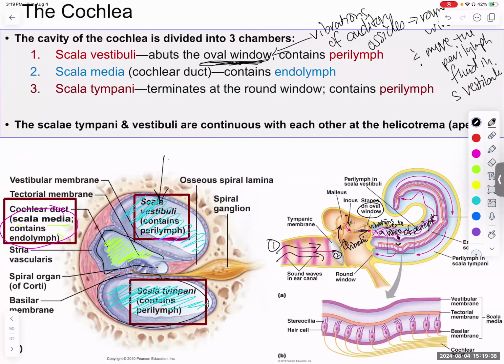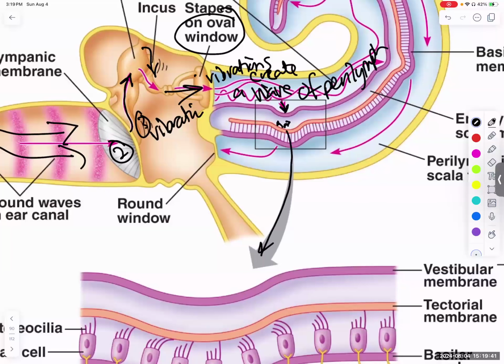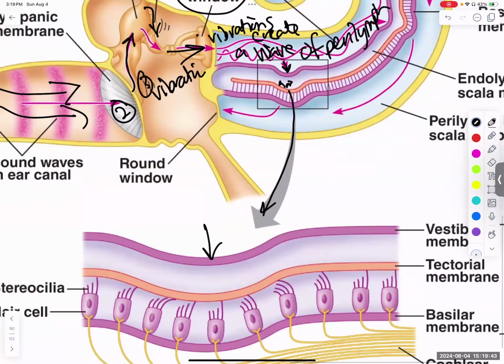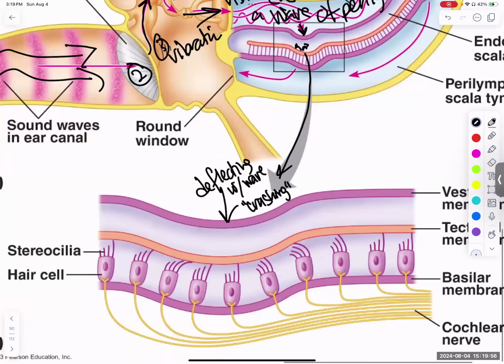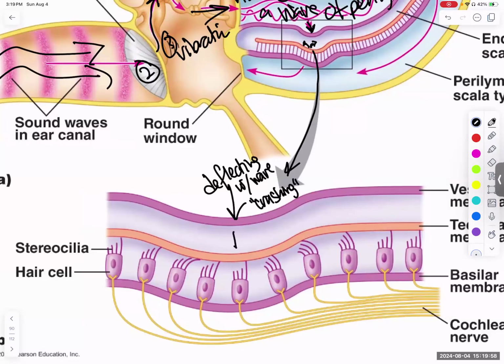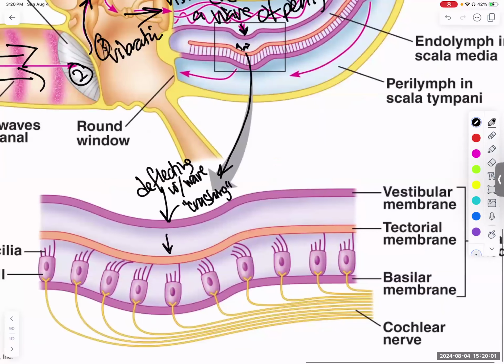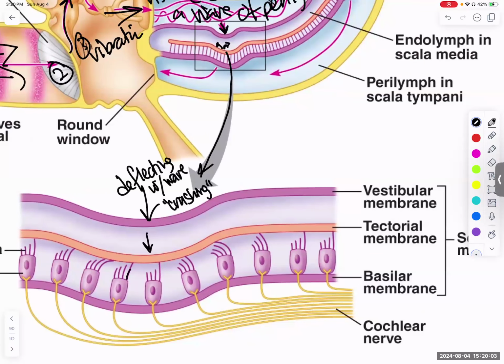This membrane right here that we're seeing is deflecting down with the wave crashing, right? Whatever that sound wave is, wherever it landed. And it's going to then bend what's called the tectorial membrane. And these little hairs that are embedded in that tectorial membrane are going to be bent when it pushes down on it.